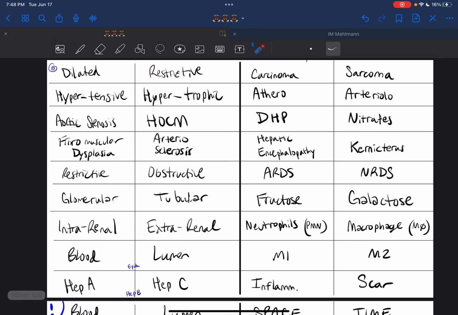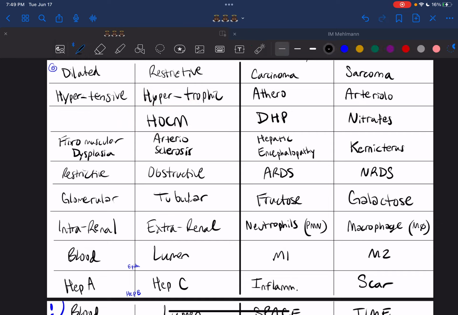Aortic stenosis versus HOCM. And actually, I rather prefer aortic stenosis versus HOCM, which are both obstructions that the left ventricle has to push against, because HOCM has a left ventricular outflow tract obstruction.